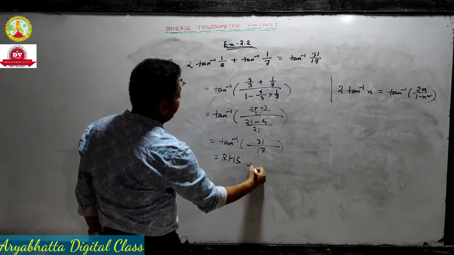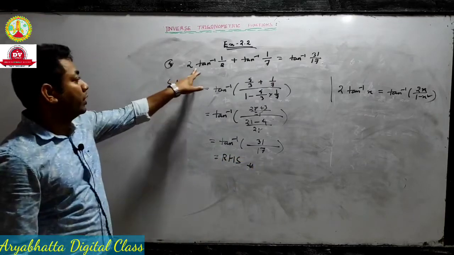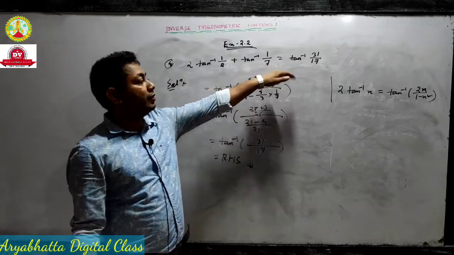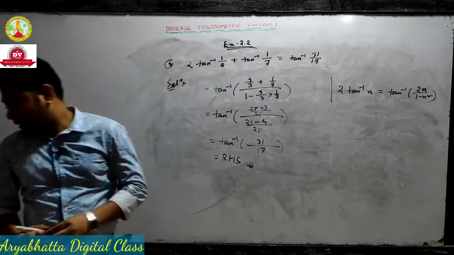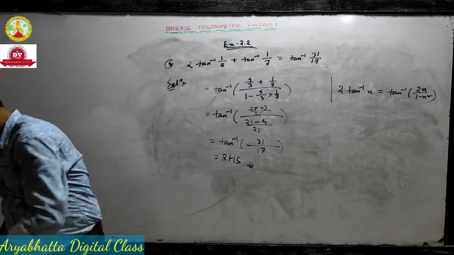Hence proved, left hand side equals right hand side. Therefore, tan inverse 1 by 2 plus tan inverse 1 by 7 equals tan inverse 31 divided by 17. Next, we will discuss another question.